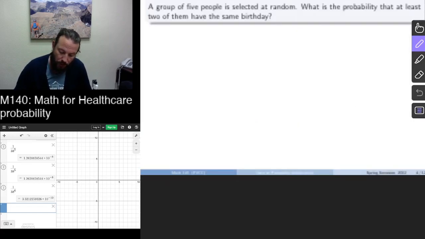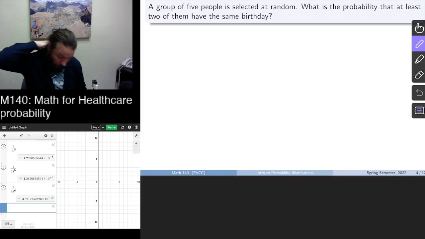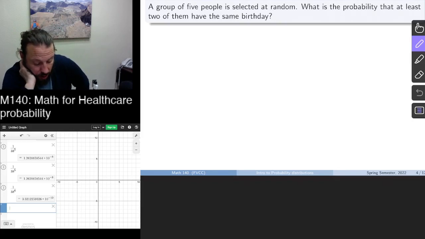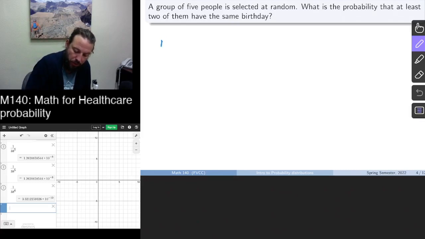Okay. Now this is where we start looking into measuring randomness. So let's start by first asking, say a group of 5 people is selected at random. What is the probability that at least 2 of them have the same birthday? So first of all, let's see. What's our sample space? Let's worry about that first.